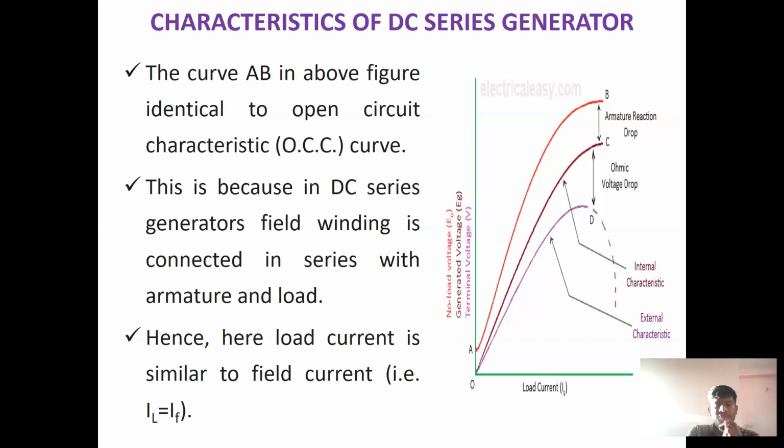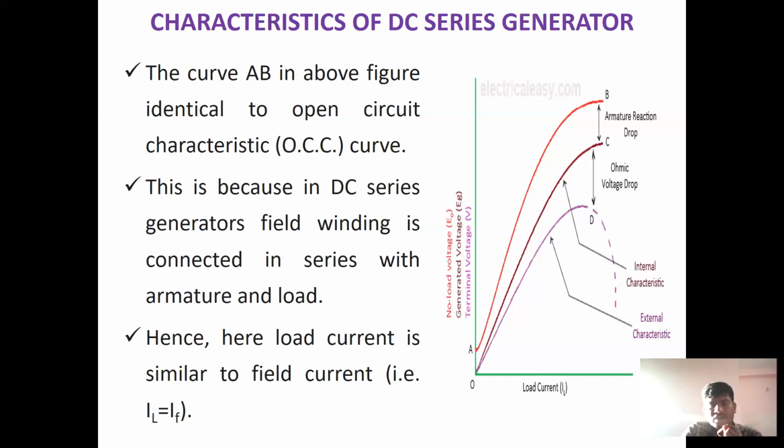Similarly, the external characteristics. When we connect the load, we can increase the load value, and by increasing the load value, the terminal voltage increases, up to the saturation point, that means up to a constant voltage value.